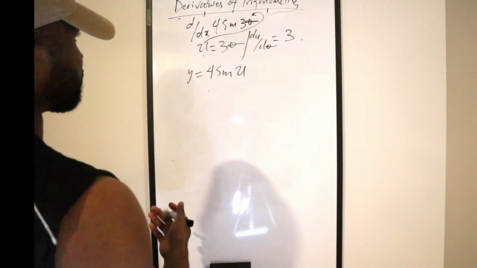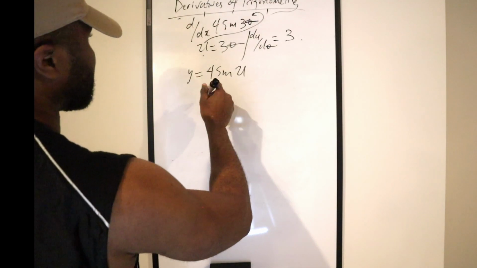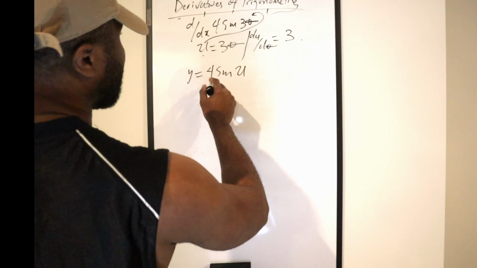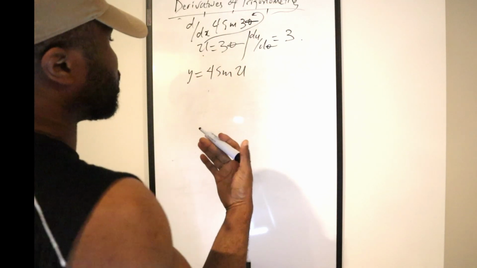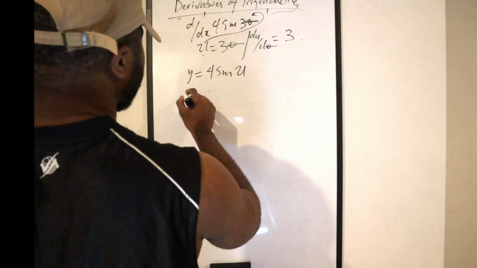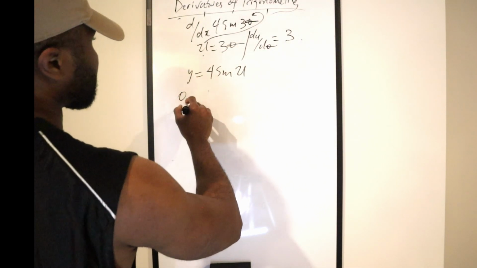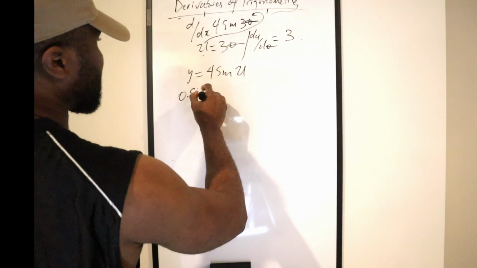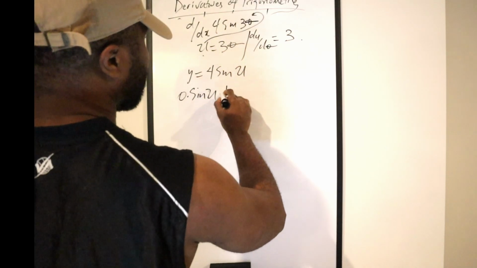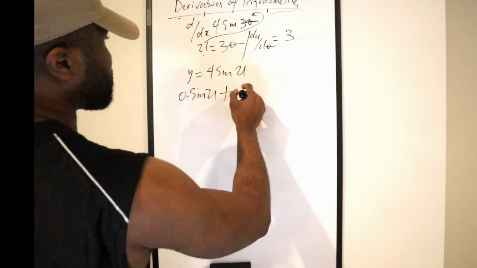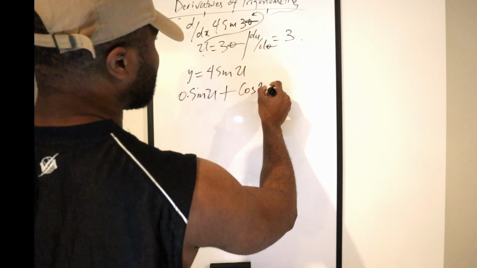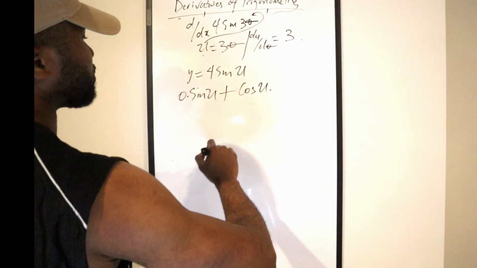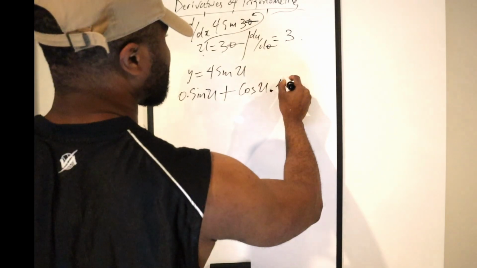And now you have to differentiate this. So we differentiate 4. Differentiating a number is 0. So 0, and keep sine constant, sine u, plus differentiate sine is cos u, and keep 4 constant.